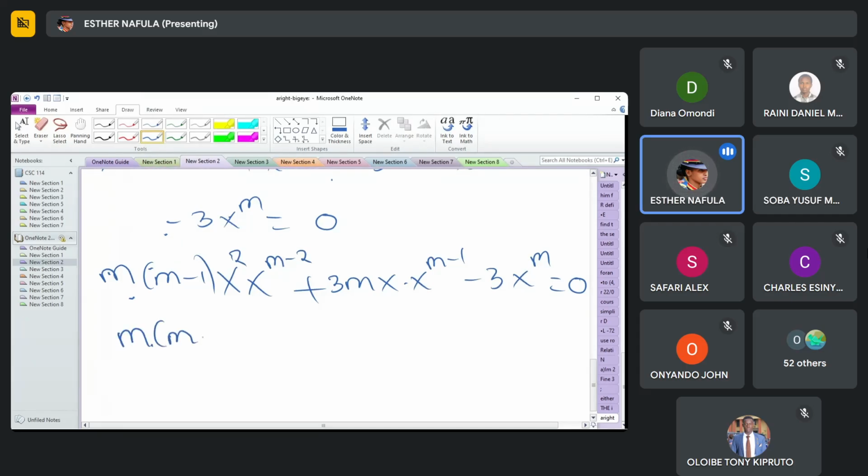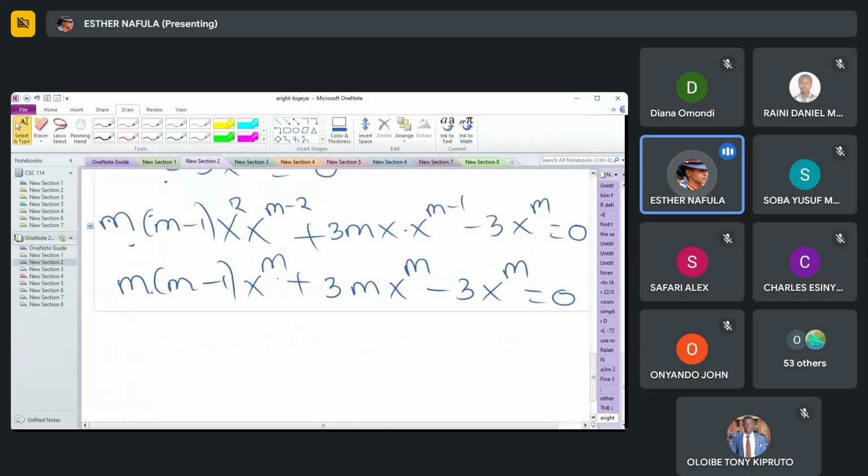M into m minus 1, x to the power 2 times x to the m minus 2, becomes x to the power m, plus 3m x raised to power m, minus 3 x raised to power m equals 0.